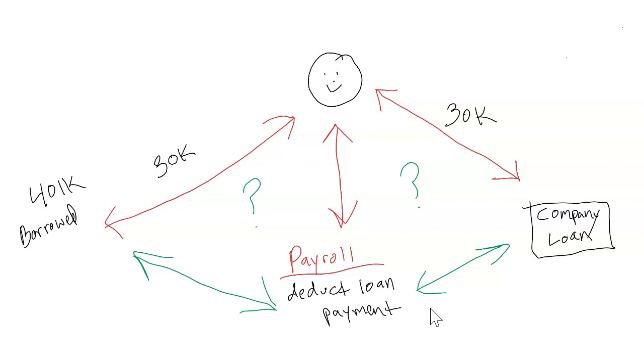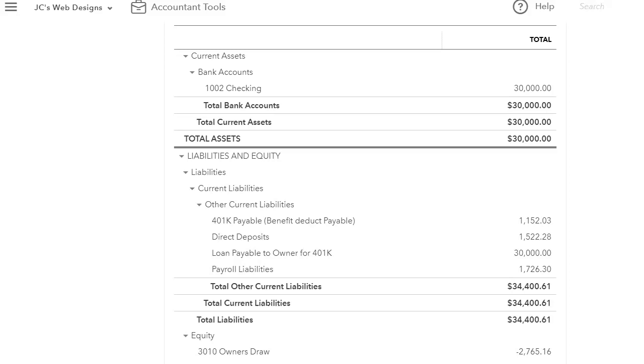So let's go ahead into QuickBooks and I will show you how to record this payment, to record payments to the 401k and to reduce the liability for the business. So we are in the balance sheet, and as you can see, here's the $30,000 that was deposited in the checking account.